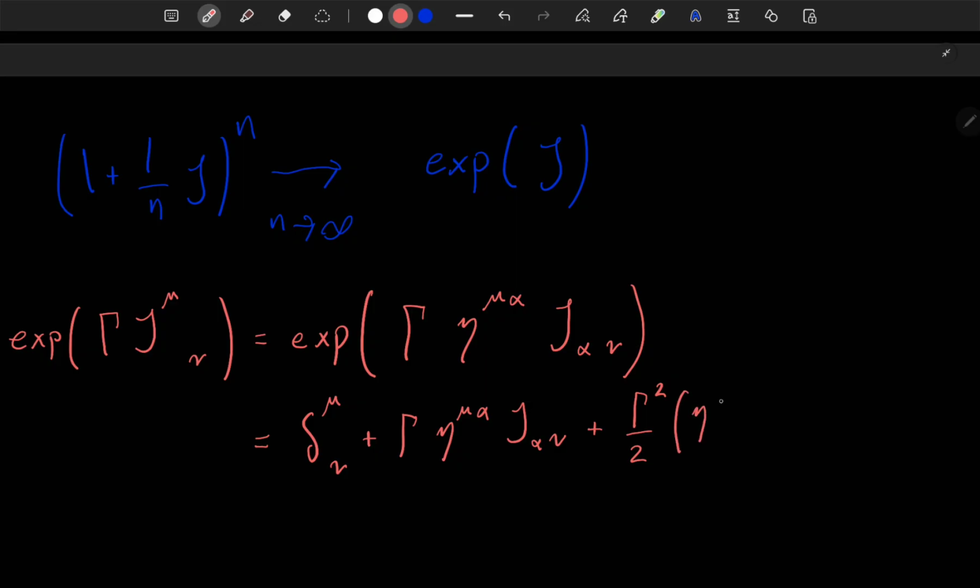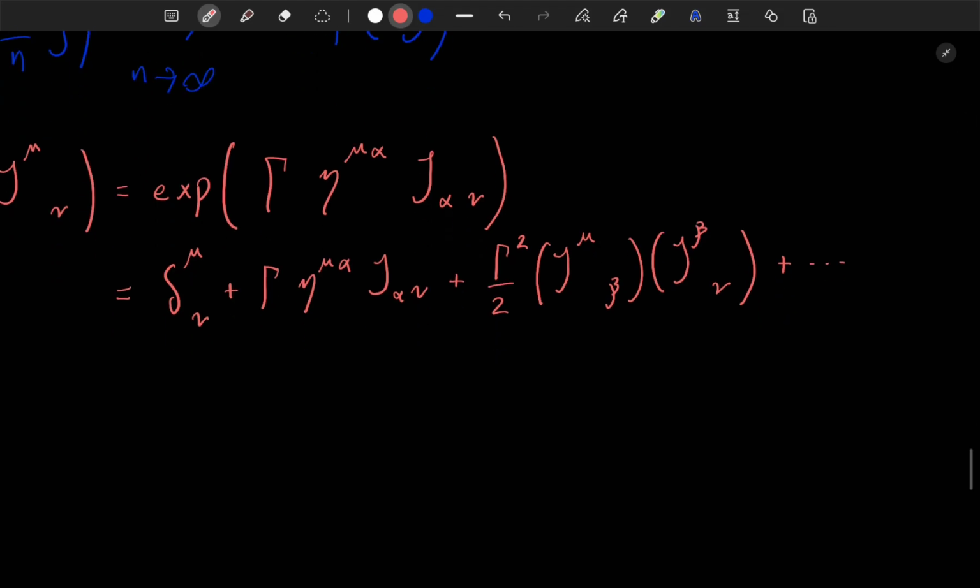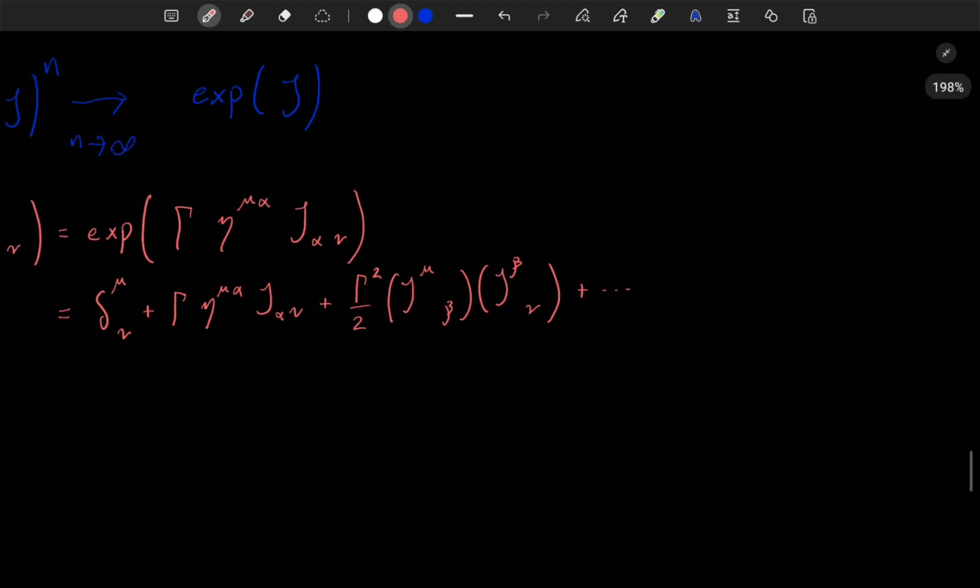It'll be something like, let's write it out like this. Mu, nu, no, not nu, let's call that beta, times beta, nu, right? And then you continue that series. And let's write out the third term so we can get the pattern down.